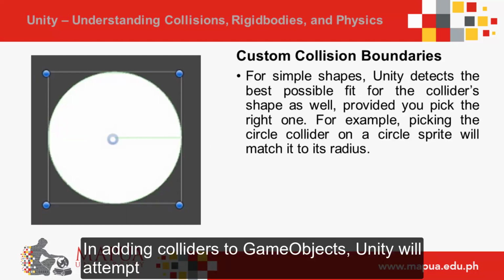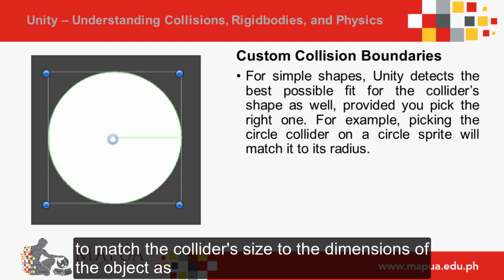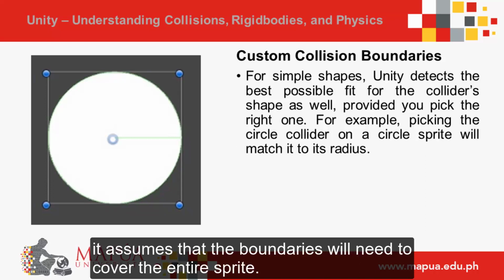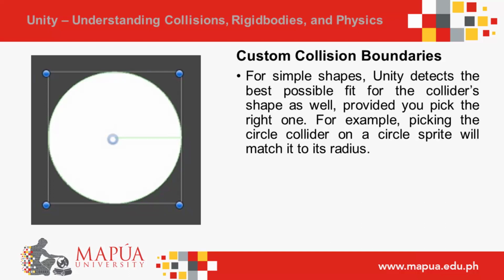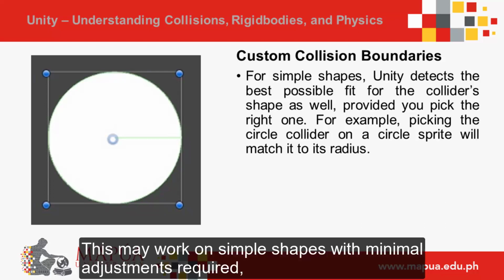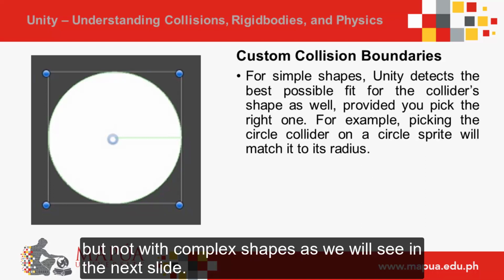In adding colliders to game objects, Unity will attempt to match the collider's size to the dimensions of the object as it assumes that the boundaries will need to cover the entire sprite. This may work on simple shapes with minimal adjustments required, but not with complex shapes as we will see in the next slide.